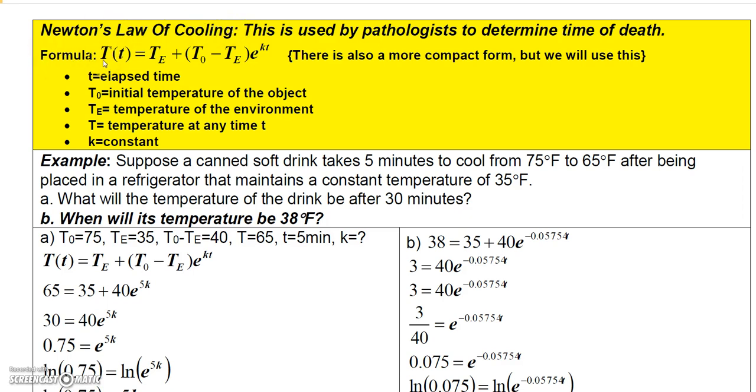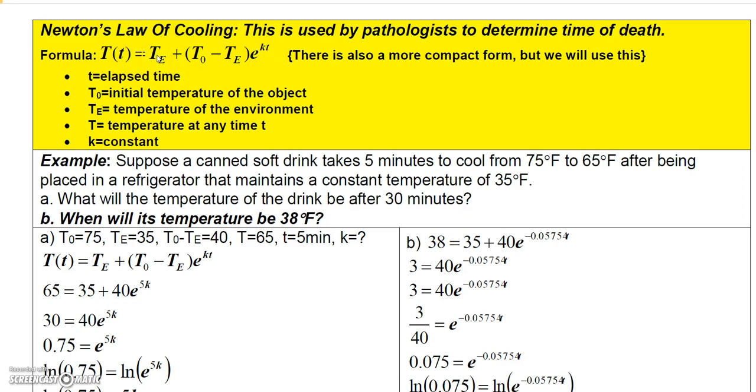It says that when an object is removed from a warmer temperature to a cooler temperature, the temperature can be modeled by this function where T sub E here is the temperature of the environment, and the T naught is actually the initial temperature of the object, and K is your constant, and then little t represents the time T.